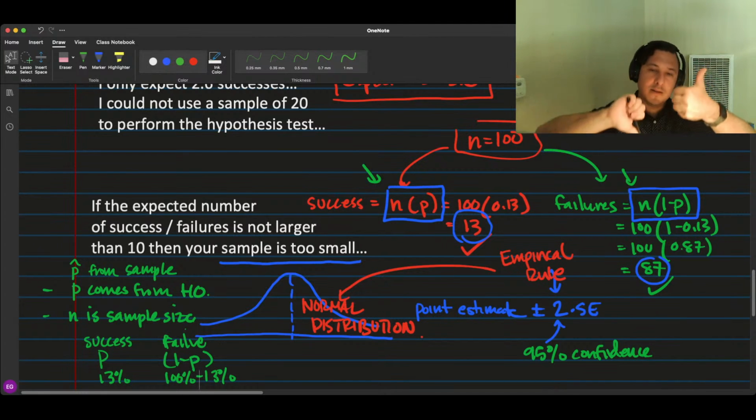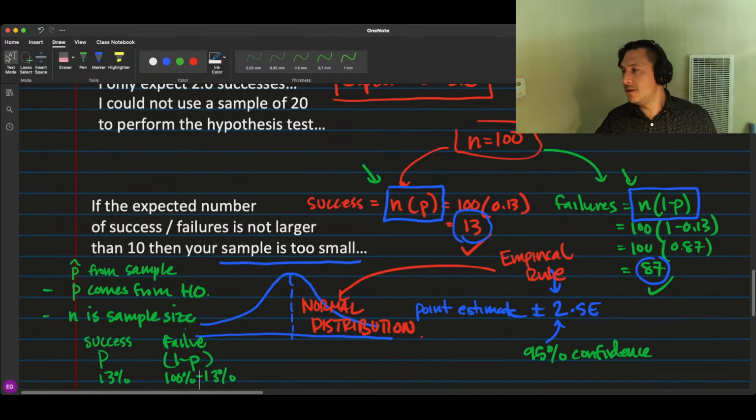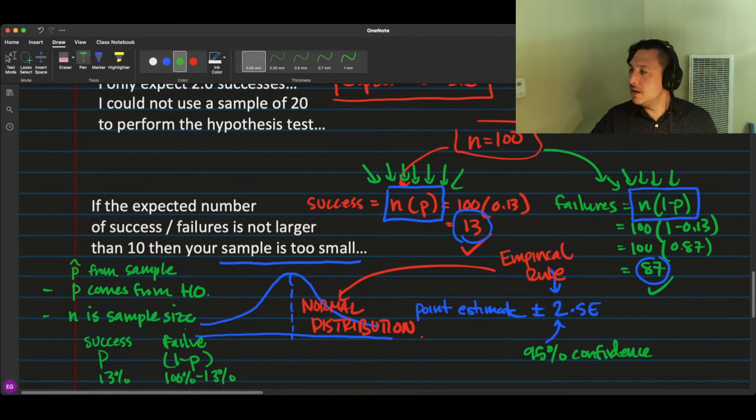Talking about this formula here, I just want to know if people feel comfortable about where to get the numbers from now. Yeah, the 1 is the equivalent of the 100. The p is the equivalent of the 13%.